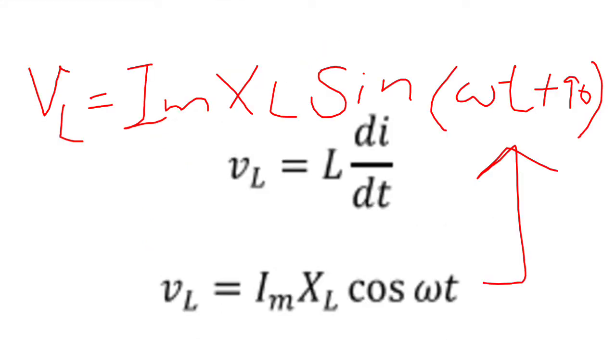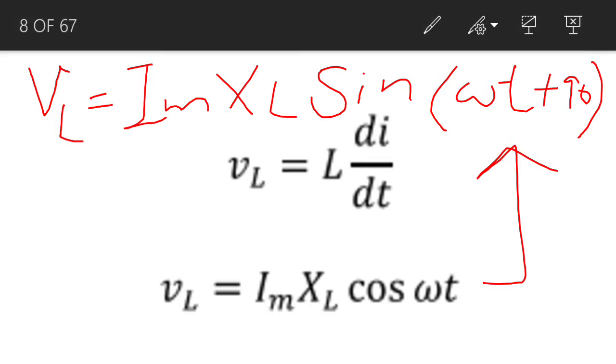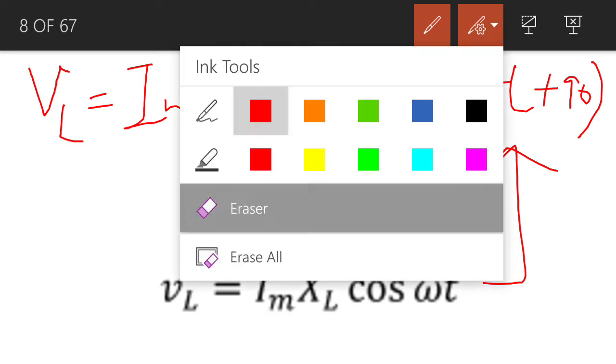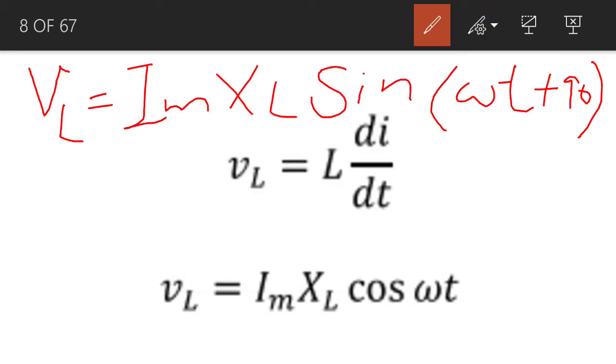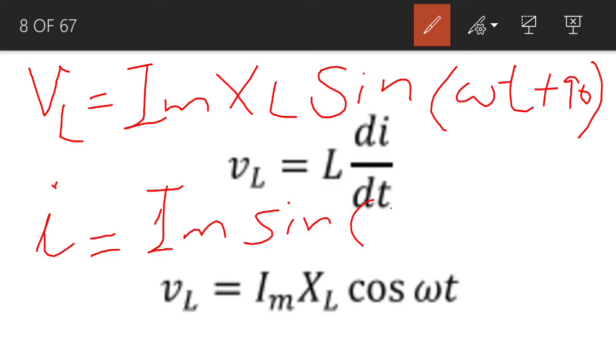If we consider the equation for the current, and compare the equation for the current with the equation for the voltage across the inductor, you see here is the equation for the current. The AC current is equal to the maximum value of the current into sine of omega t plus 0.